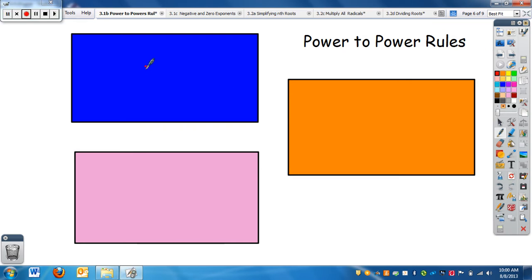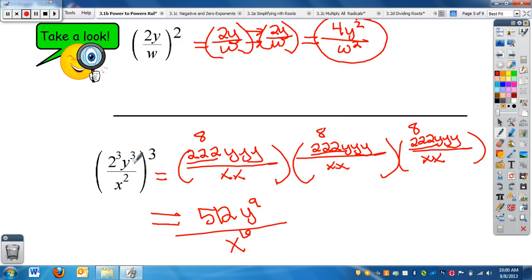If you have x to the m to the n power, the rule states that you have m times n. So if you look back here, 3 times 3 is y to the 9th. 3 times 2 is x to the 6th. 2 to the 3rd, that's 2 to the 9th, which is we had 9 2's, and then we calculated that to be 512.